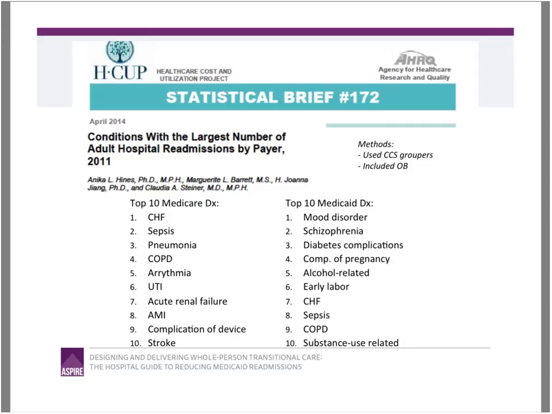When we compare that to the top discharge diagnoses that resulted in the most readmissions for Medicaid, we see that mood disorder, schizophrenia, diabetes, complications of pregnancy, alcohol-related, and other substance use disorders are on the top 10 list for Medicaid.